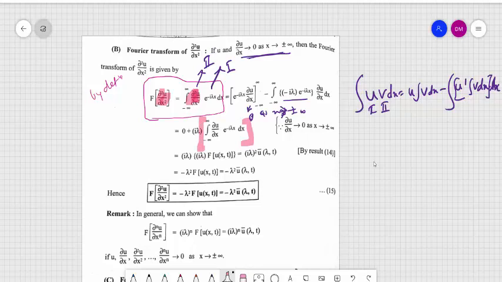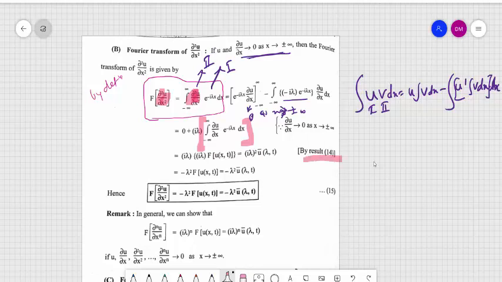And note that this is, what is this? By the previous example, that is nothing but the Fourier transform of ∂u/∂x, which is given by iλ into the Fourier transform of u.